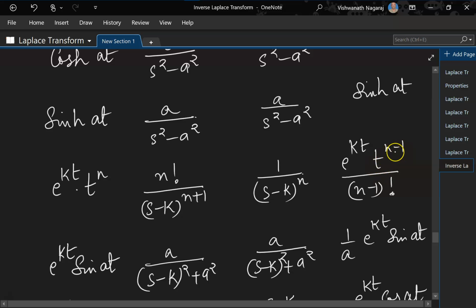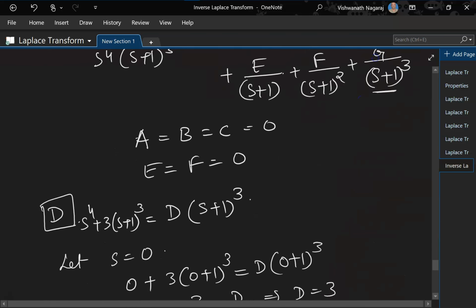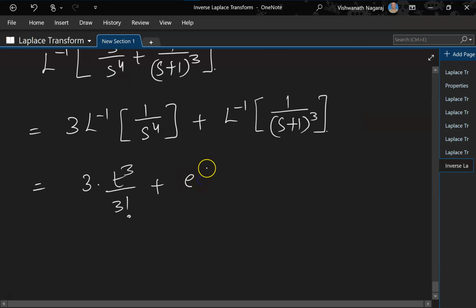N is 3, so 3 minus 1, so 2 it will become. So t square by (n minus 1) factorial, 2 factorial, which can be written as 2 itself.